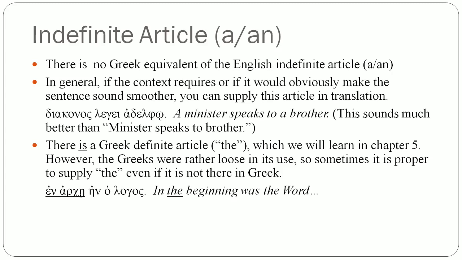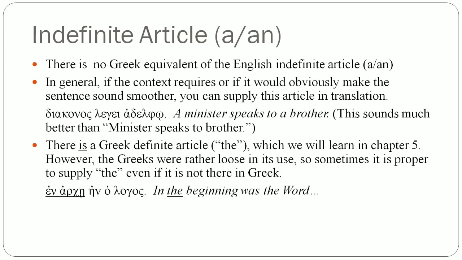Now, there is a Greek definite article. Okay, and we'll study it in chapter 5. I also put a note on the vocab list to tell you how you recognize a definite article and what that means. All right, again, we're going to learn this in the next chapter, and so right now you do not have this in your toolbox, but you can still use it actually, even if you don't know what the forms are.